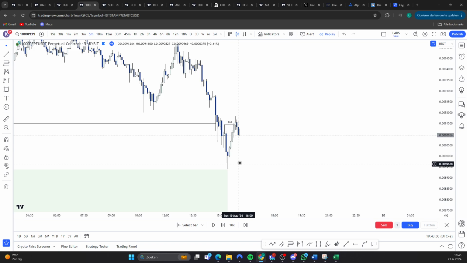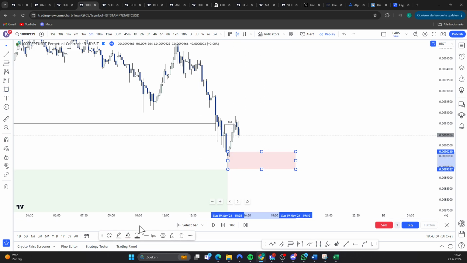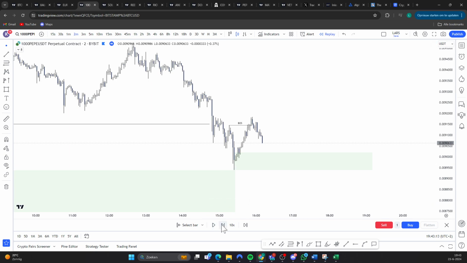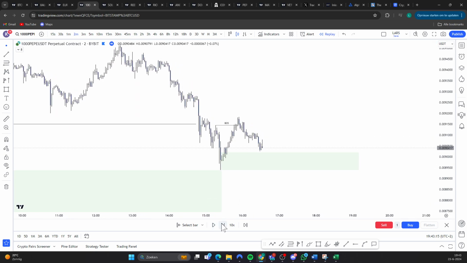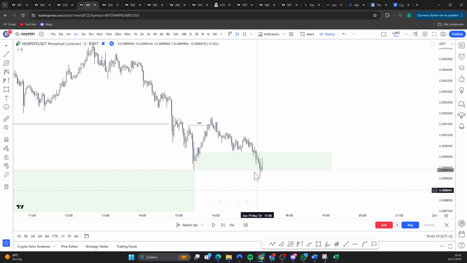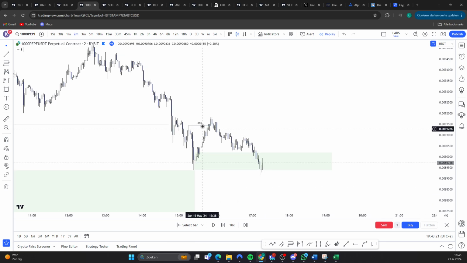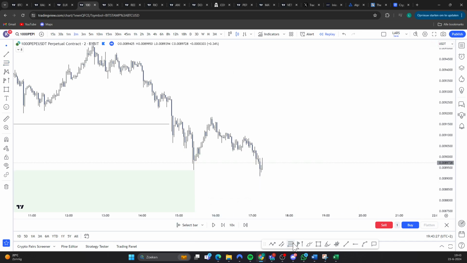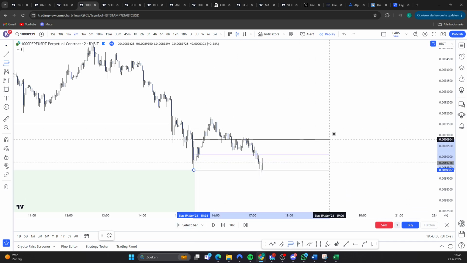This is a break, but it's a very poor break. Can you take the low? So that. I would definitely be looking for longs now.